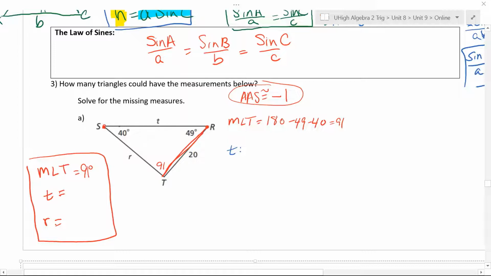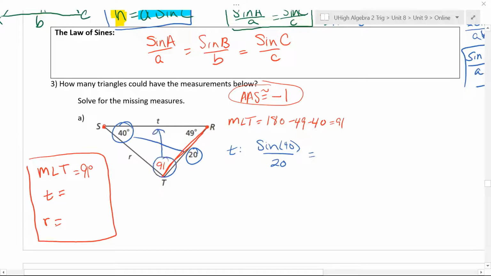Well, I have that with S and side length S. So I have the ratio that the sine of 40 degrees over 20 equals, if I'm looking for T, I want angle T and side length T. So that equals the sine of 91 over side length T.